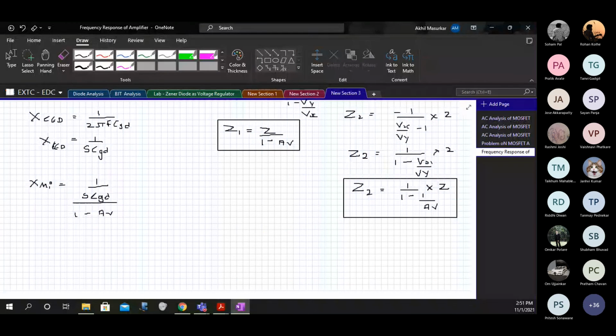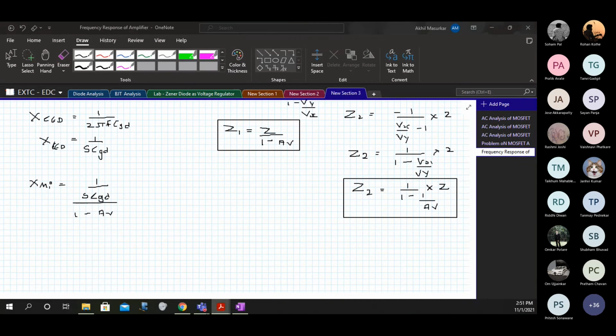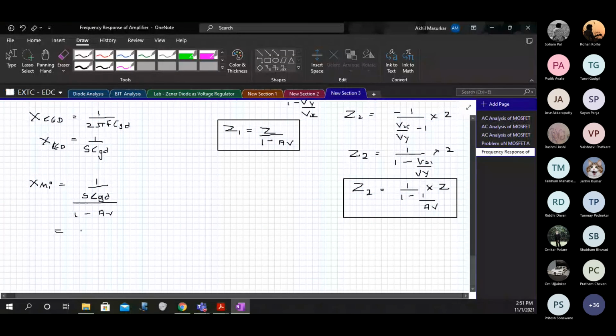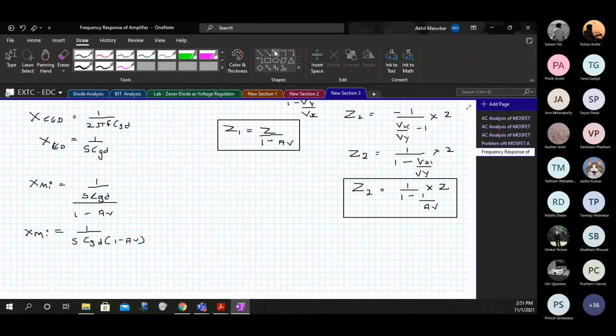So if I expand this, what will I get? I will get 1 upon S times of CGD into 1 minus AV. So this is the X Miller on the input side.